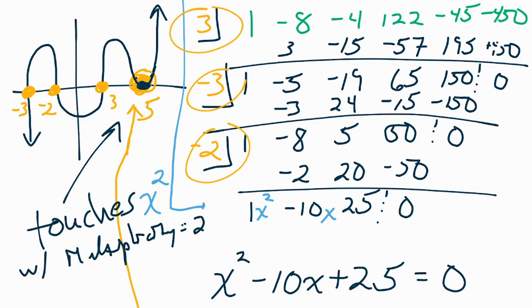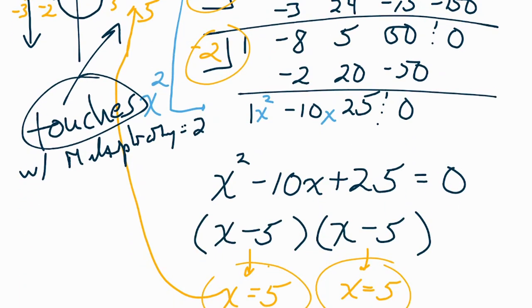We get a different behavior. You say, what's different? Well, these x-intercepts, these roots crossed, but this one touched. And when it touches, it kind of just bounces off. And again, that actually was a sign to us that it was going to have a multiplicity of 2. Now, the number 2 is an even number.